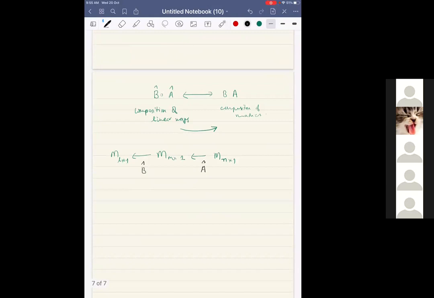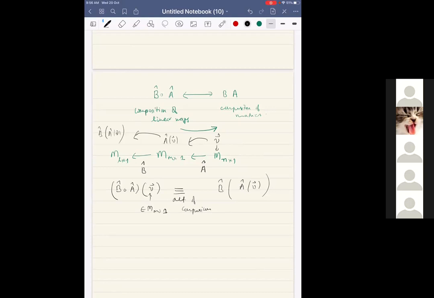So what does the composition mean? B hat composed with A hat acting on a vector V, which is in L cross 1, by definition of composition is B hat acting on A hat V. So I start with the vector here, when I hit it with A hat I get a vector here, and then when I hit it with B hat, I get B hat acting on A hat V. So this is defined by this.